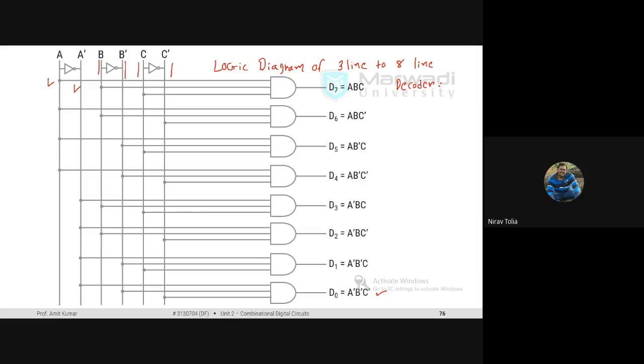Now in this experiment we have to learn about the 2-line to 4-line decoder.